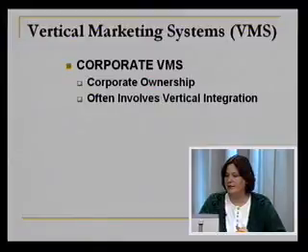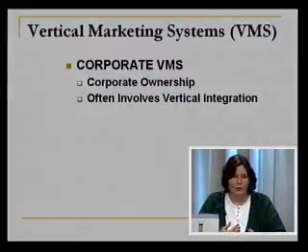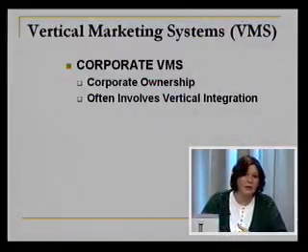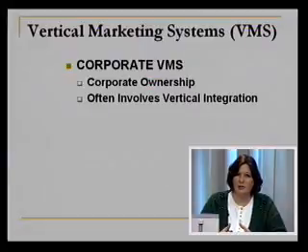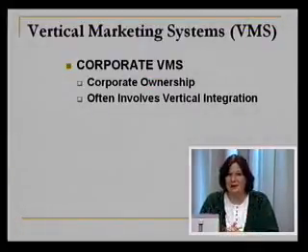The first type of VMS is a corporate VMS. And this means that there is some kind of shared ownership. For example, the channel members might be owned by the same parent company, or one channel member may own the other. That's what we mean by shared ownership. The money eventually goes to the same pot, so to speak.